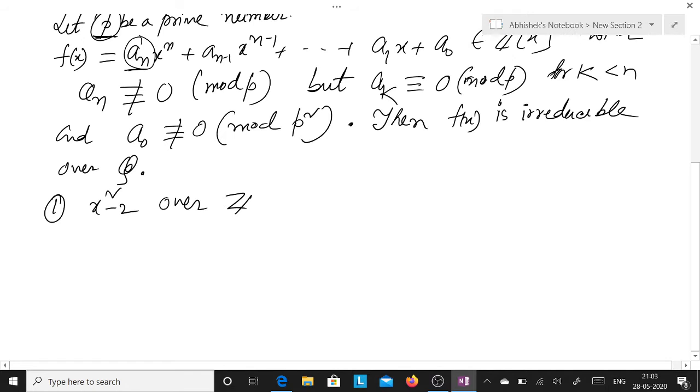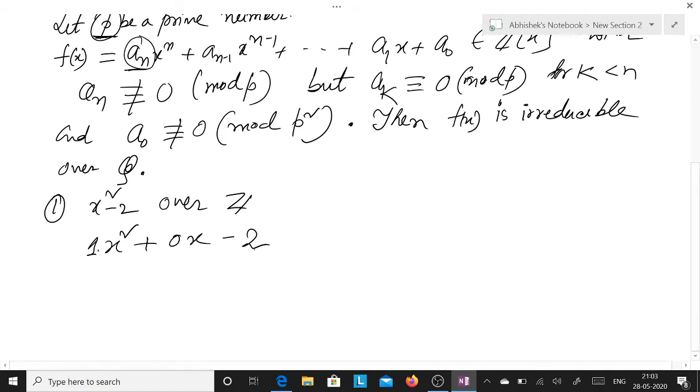If you look at the coefficients, this is x square plus 0x minus 2. The prime should divide all the coefficients except the leading one. Here the leading coefficient is 1, and all other coefficients are 0 and -2.